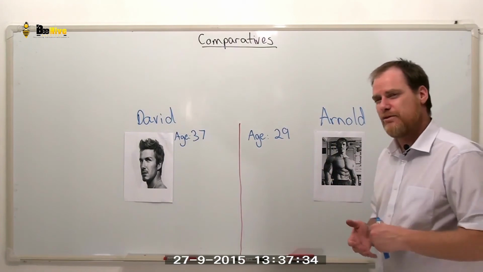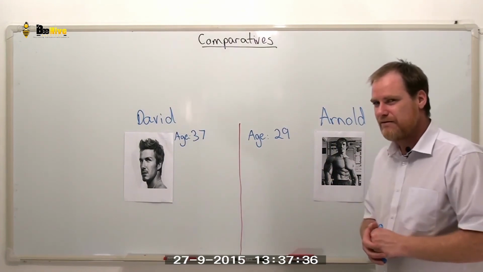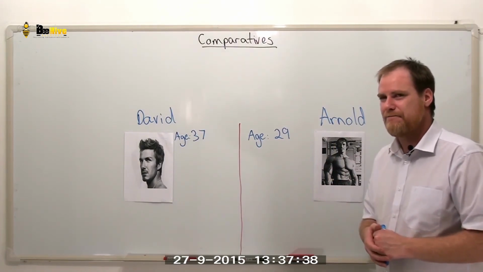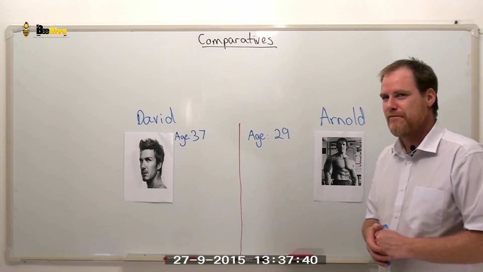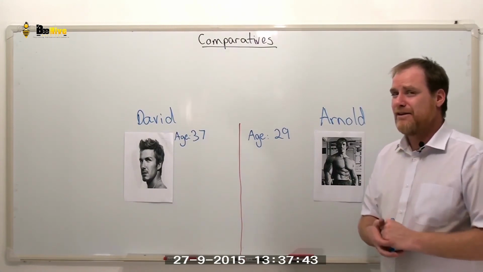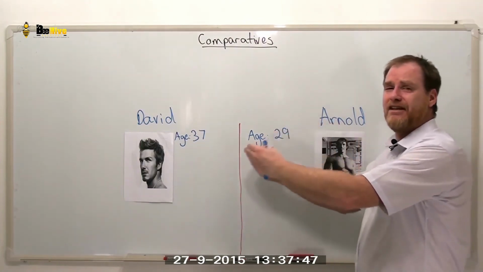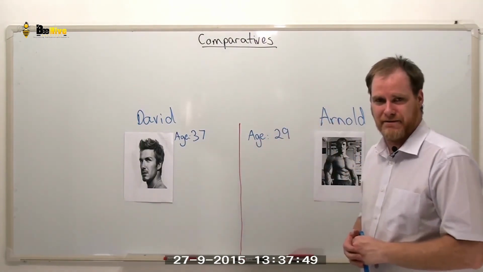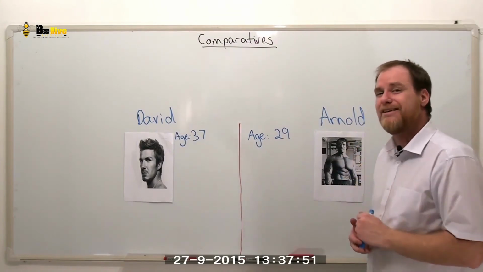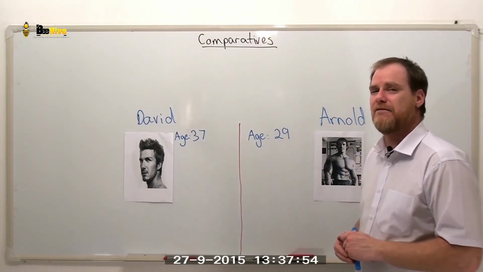So how would we do that? Can you do that by yourself? Have a try. Hopefully, what you would have said is Arnold is younger than David. Okay?